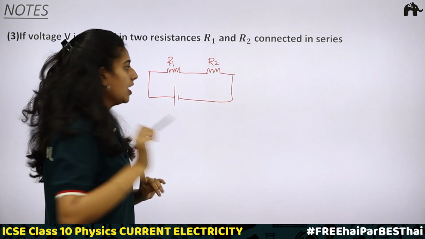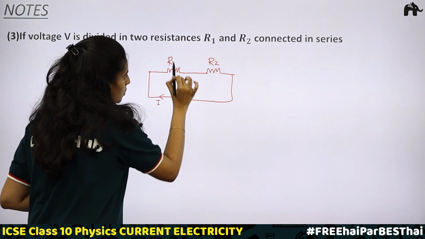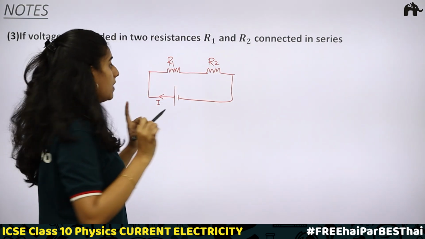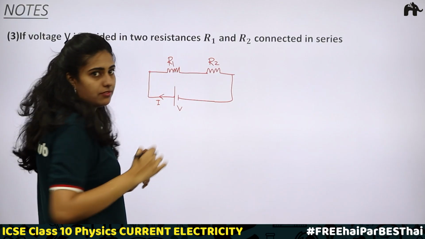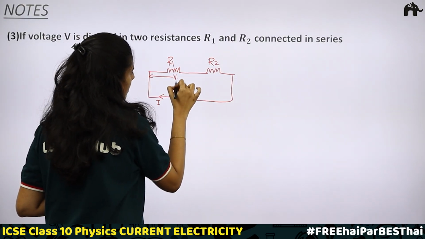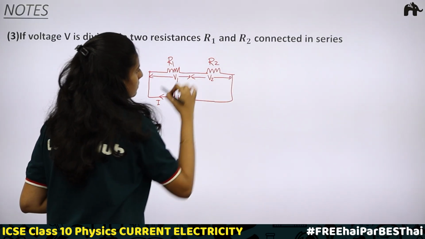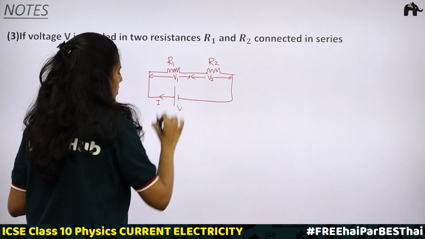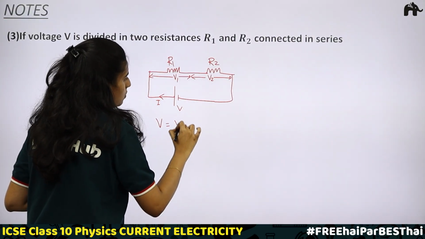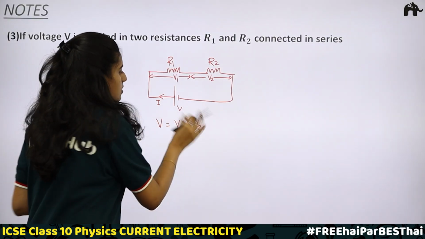The same current I will flow through R1 and R2, but the potential difference will be different. Across R1 you will have V1 and across R2 you will have V2. So the total potential difference V will be equal to V1 plus V2.